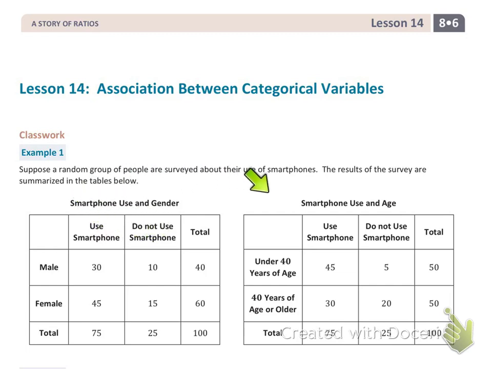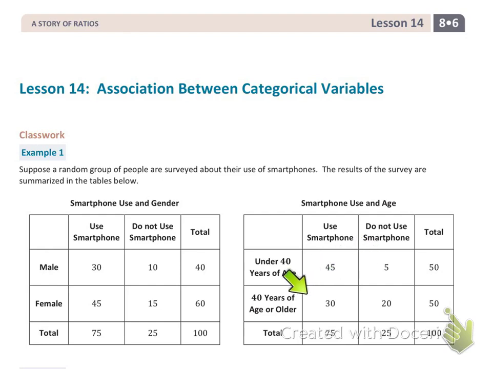But if you come over here and look at smartphone use and age, for those under 40 years of age, 45 out of 50 use a smartphone. That's 90%. 5 out of 50 do not, so that's 10%.